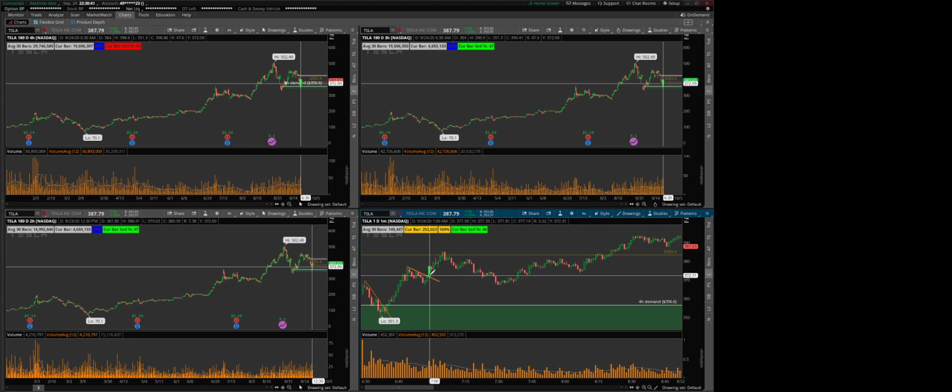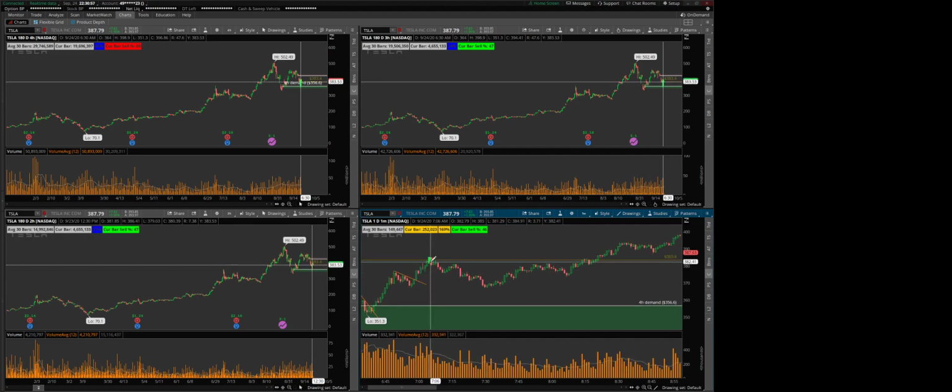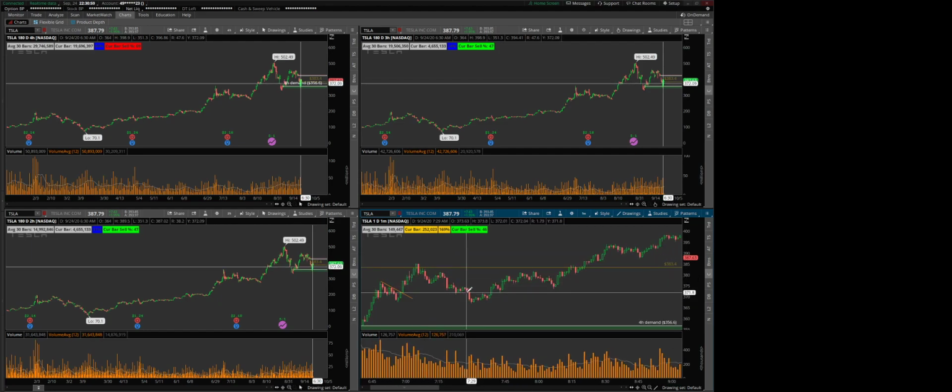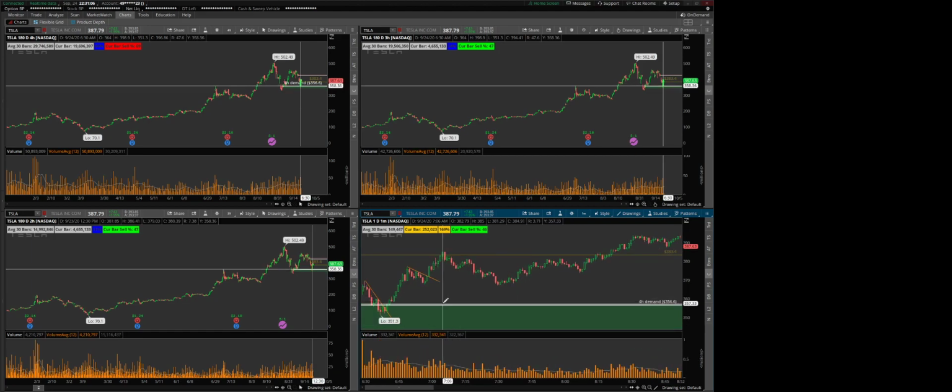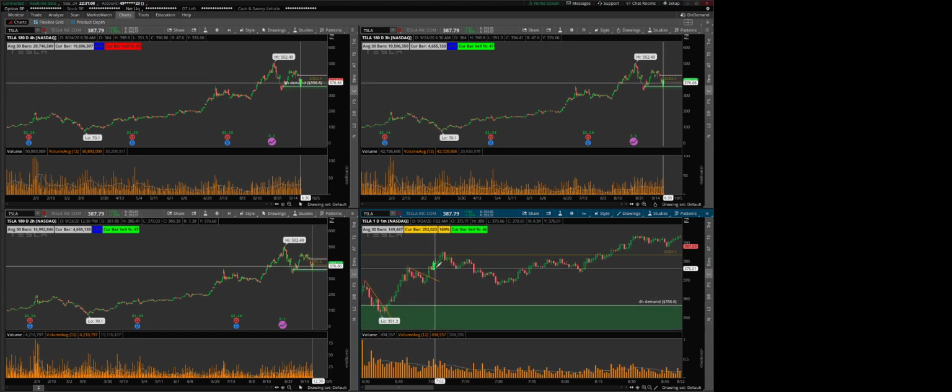I took this long around here, right at the resistance break, and then I took profits right after this 3 bar play. So I took it probably around here. And then what else did I do? I thought I took another play. I took one more play, but I forget.